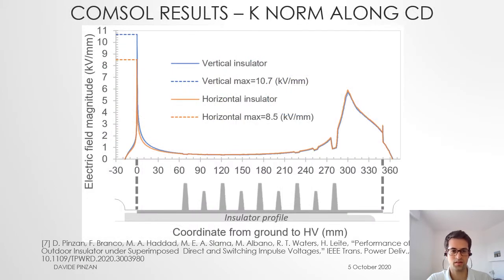In other terms, as this chart shows, the electric field close to the ground electrode of the insulator is higher in the vertical case with respect to the horizontal.